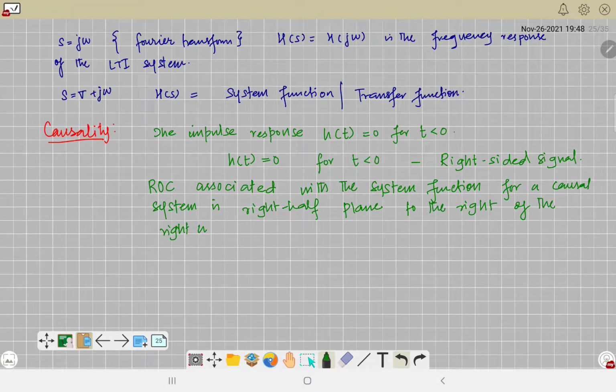And this now becomes the definition of causality in terms of the system.